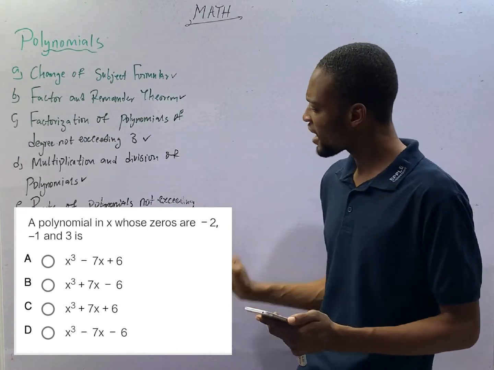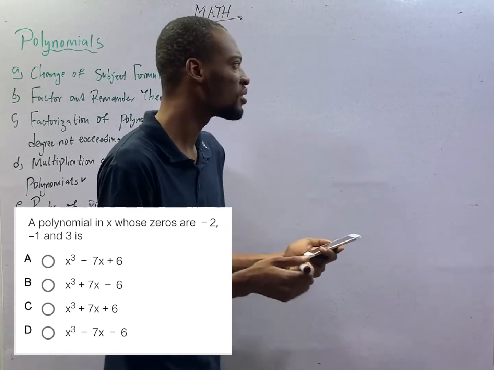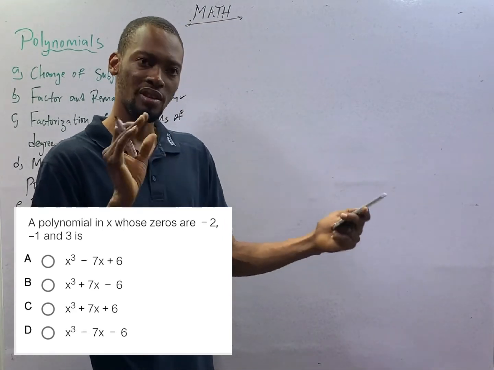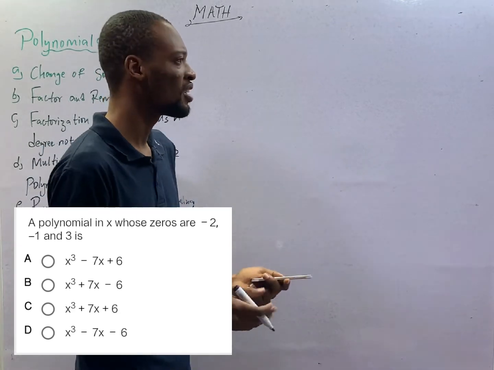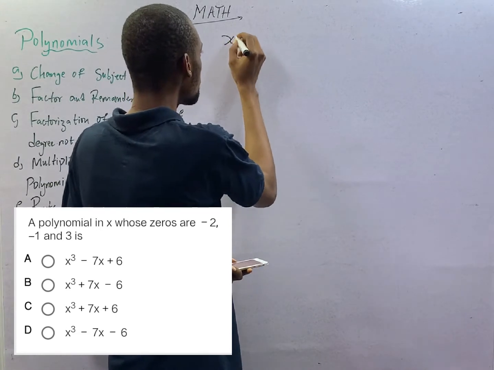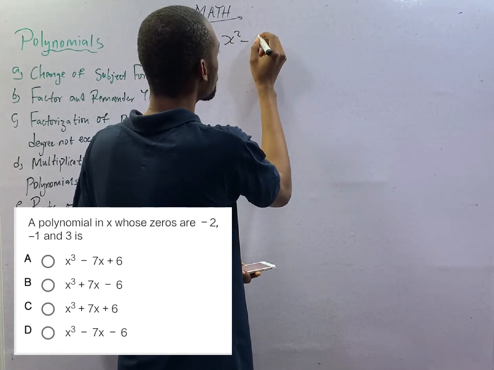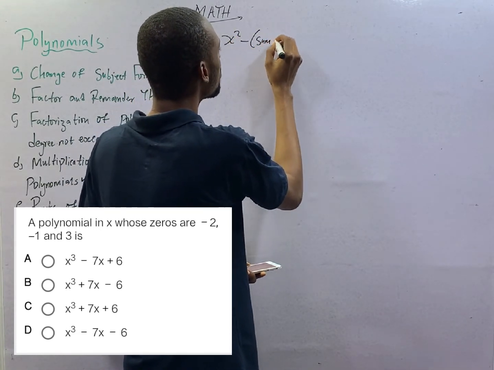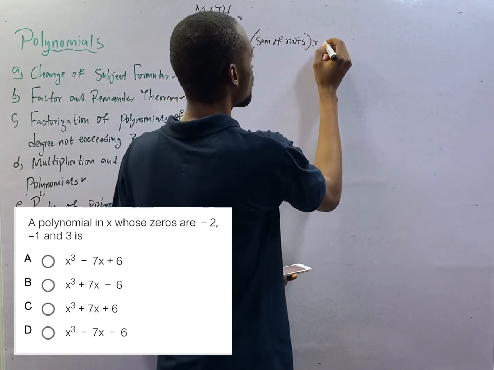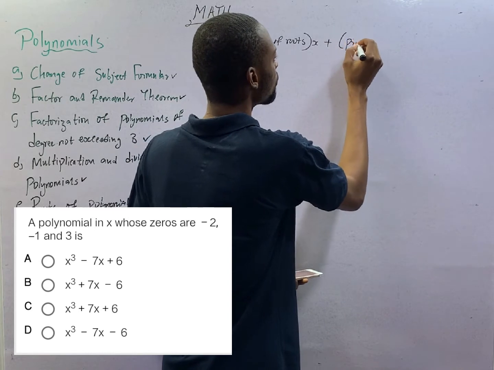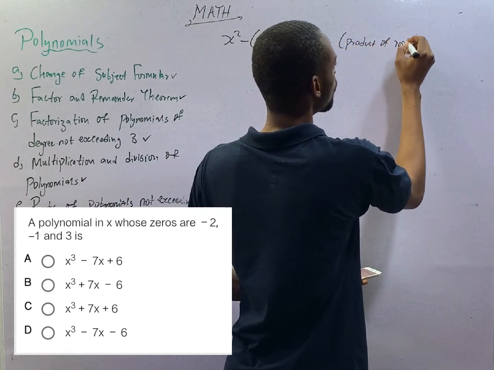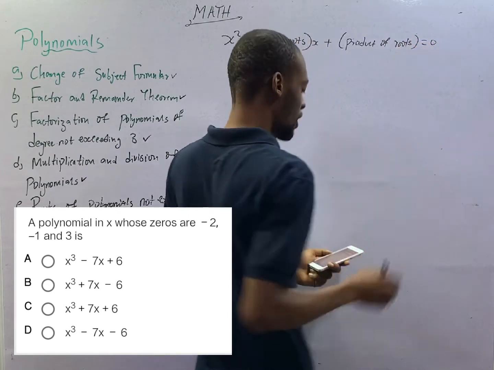When you remember in quadratic equation or quadratic polynomial, I said that when you are given the roots, the zeros, or the factors to find the quadratic equation, you simply say that s squared minus sum of roots times s plus product of roots is equals 0.